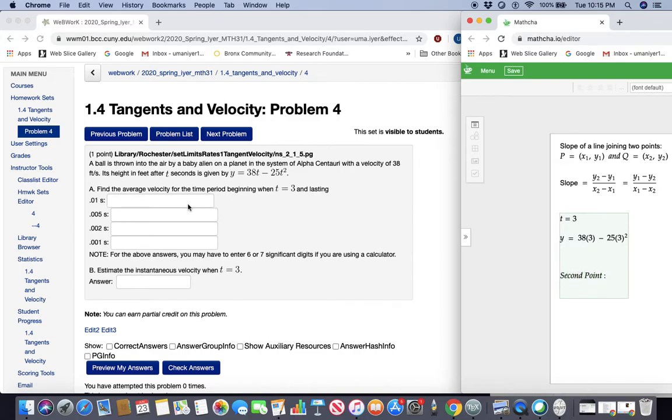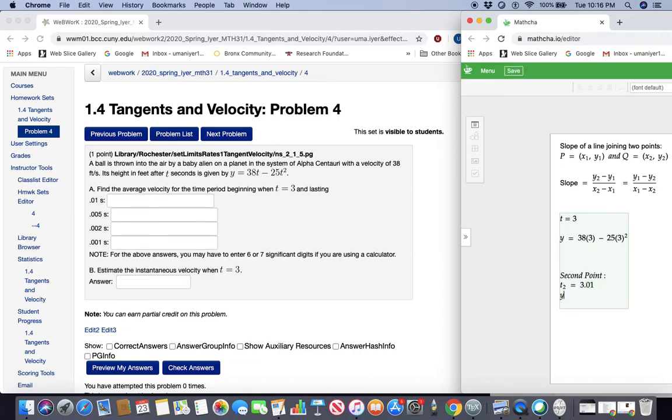Well, the second point will change as time changes. So you're beginning at time t equals 3 and lasting 0.01 seconds. Lasting means that starting at 3, you go 0.01 second more. So the new t, the second t, is 3.01.